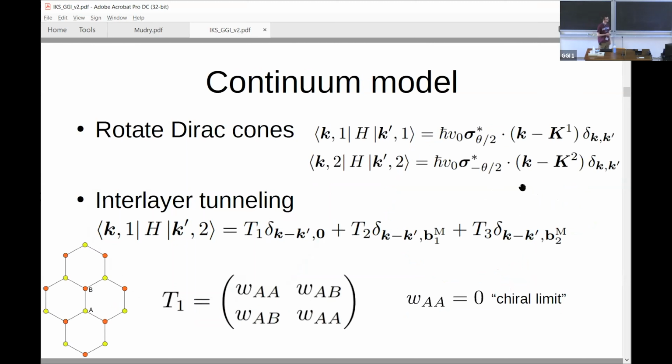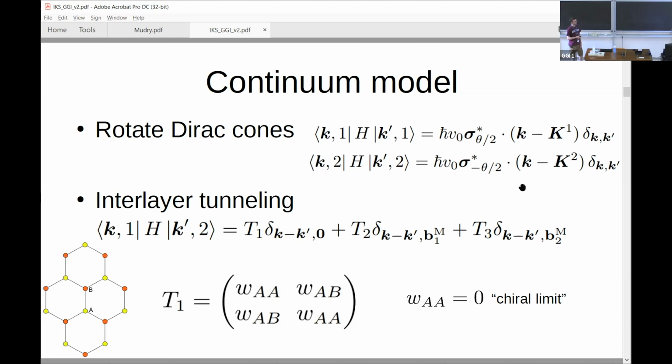So what that looks like mathematically is like this. I'm just writing down the Hamiltonian for twisted bilayer graphene. This index here, 1, is labeling the layer index, and I'm writing down the different matrix elements of this Hamiltonian.